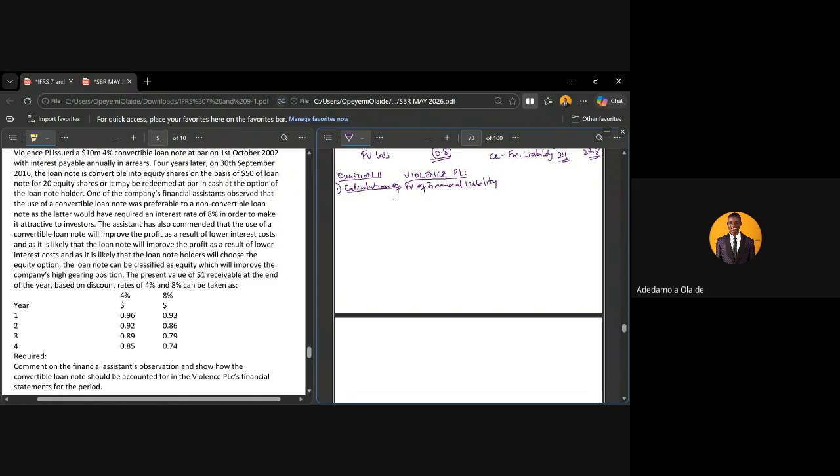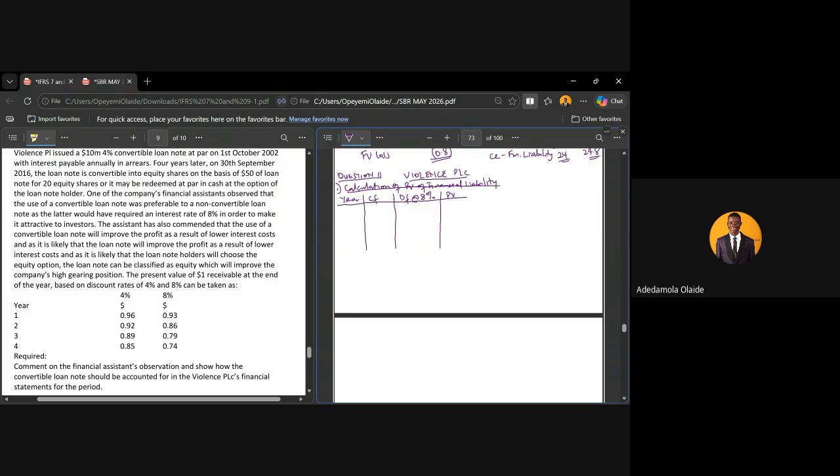To calculate the present value of the financial liability, we'll have the year, the cash flow, and the discount factor, which will be at the effective interest rate of 8%. Then the present value, which will be the multiplication of cash flow and the discount factor.